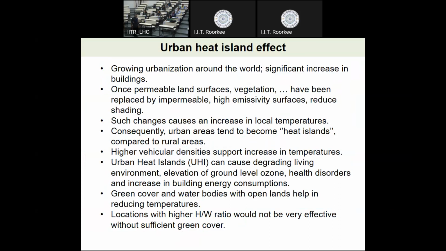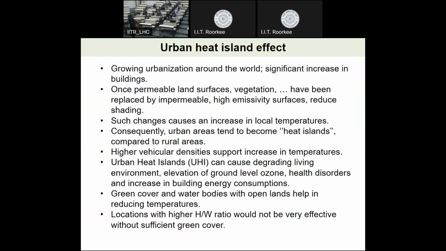So, because of absence of these processes, the urban areas become what is called heat islands, lots of heated areas are there. Another thing which happens is growing vehicular population. In rural areas, you have less number of vehicles, the distance covered is also less. That means fossil fuel is burnt in a much smaller quantity.